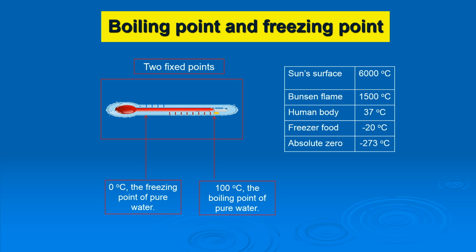We have seen that for a human body temperature, the temperature is 37 degrees Celsius. Our freezer at home stores food at minus 20 degrees Celsius. And finally, absolute zero is at minus 273 degrees Celsius.